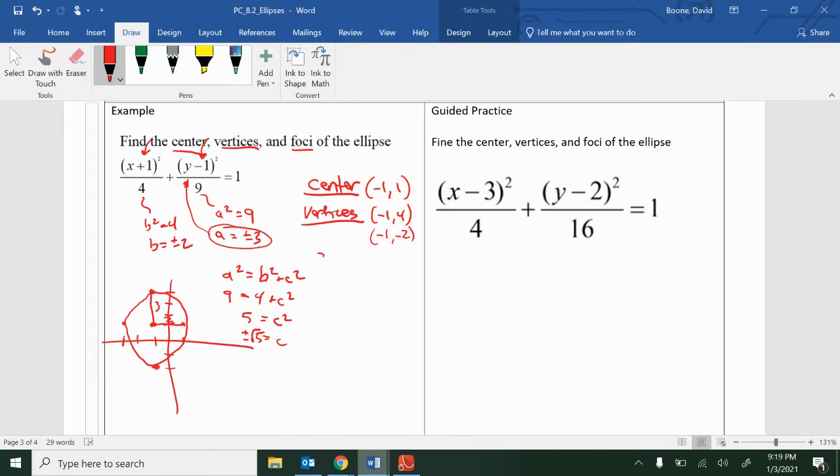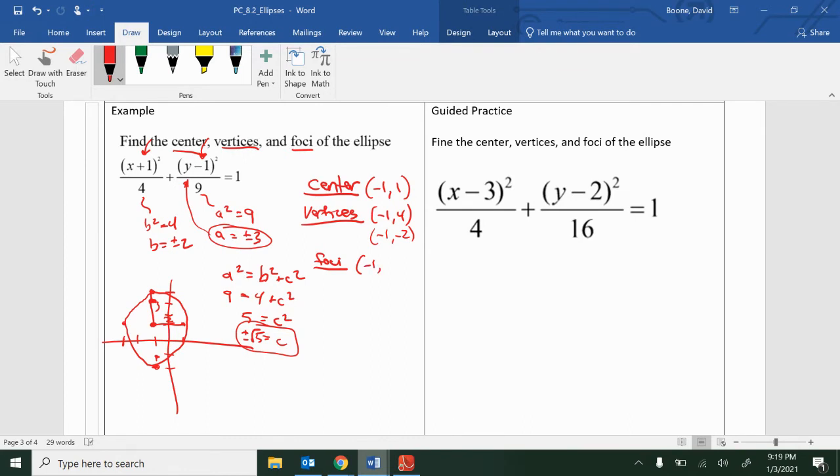So the foci then are based off of that c value. That foci is going to be somewhere right in here, and somewhere right in here. So you know it has the same x value, at negative 1.